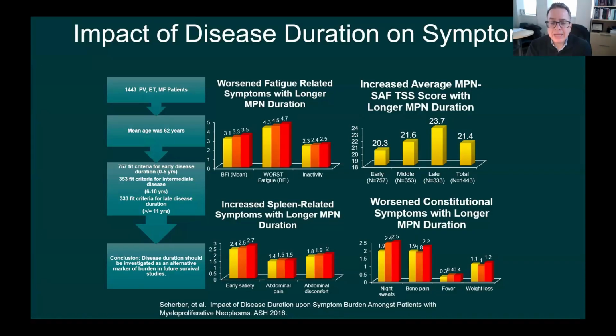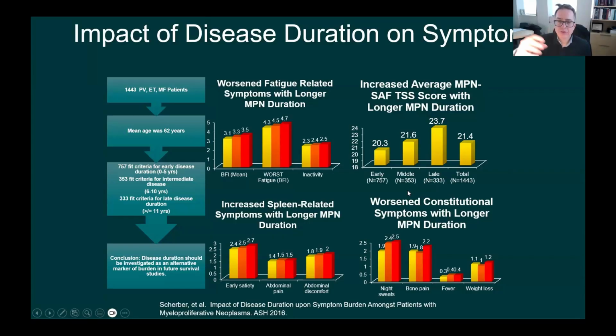We know that time matters. And what I'm trying to show you here, and this is supposed to be color coded by where in the lifespan of the disease the patient is, is that with increasing time from yellow to red, you have worsening fatigue levels, worsening inactivity, worsening early satiety, worsening abdominal pain, worsening abdominal discomfort.